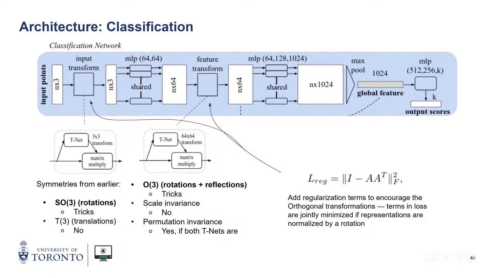I'll maybe touch on scale invariance and translations if people have questions about it at the end. But these are a little bit harder. Translations, we can get away with by instead of having this be a 3x3 matrix, having it be a 4x4 matrix where we just concatenate a 1 onto all of our input vectors.